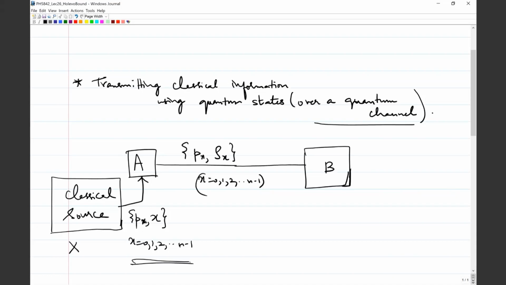How is B going to do the decoding? B is going to perform a quantum measurement of the received states. And the most general kind of measurement that B can perform is obviously a POVM.